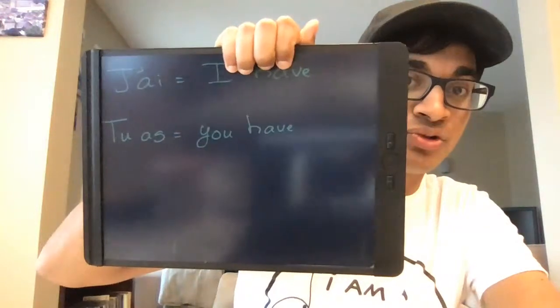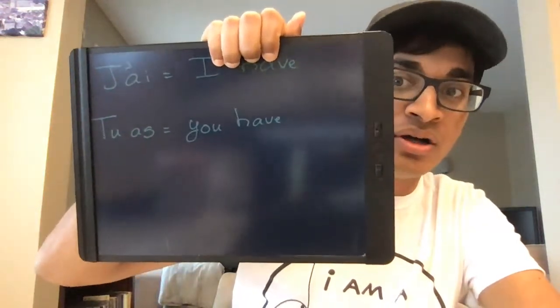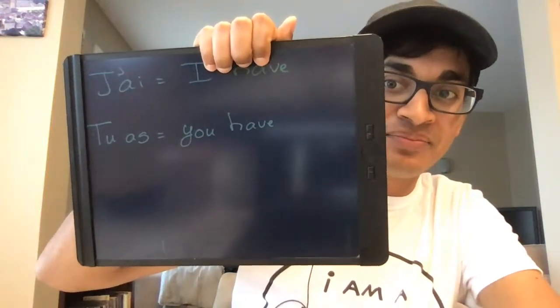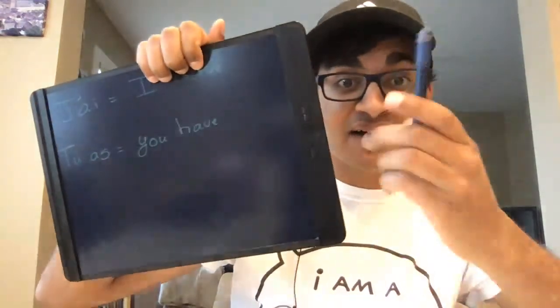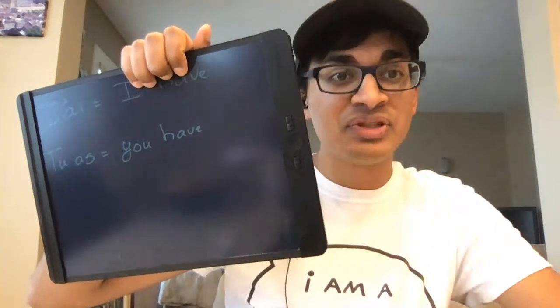It's not really a pen, but it's basically a pen, right? What if I want to say you have a pen? Do you remember from last time? Think about it. You have is tu as. So for example, tu as un stylo. I'll write un stylo so you can see it.